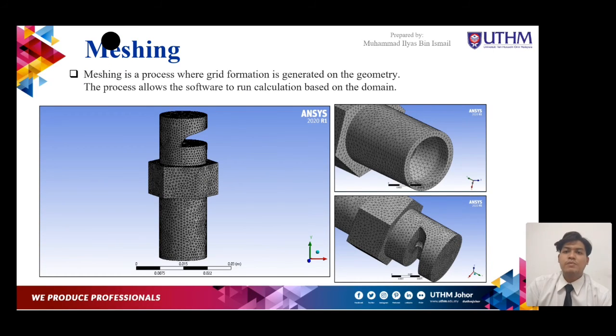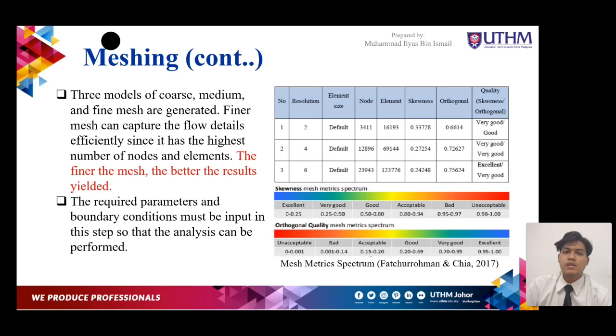Next, I will explain about meshing. These are the figures of the meshing of the deflected spray nozzle model. The meshing can be made into coarse, medium, or fine meshes. The finer the meshing, the more accurate the results.